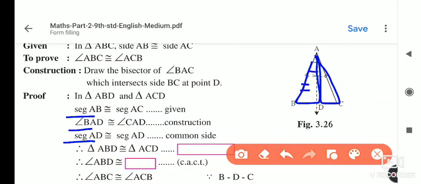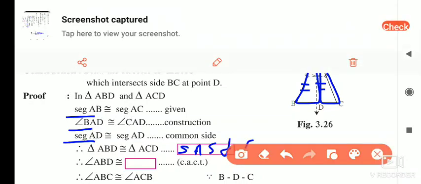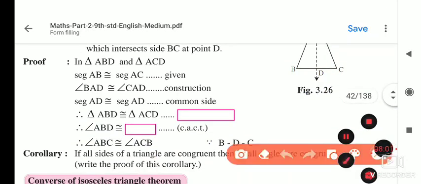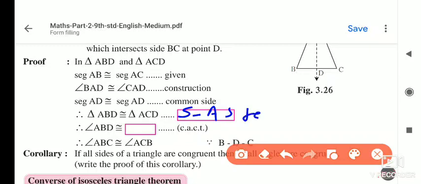SAS test of congruency. They are congruent to each other. So here write SAS test of congruency, side, angle and side.